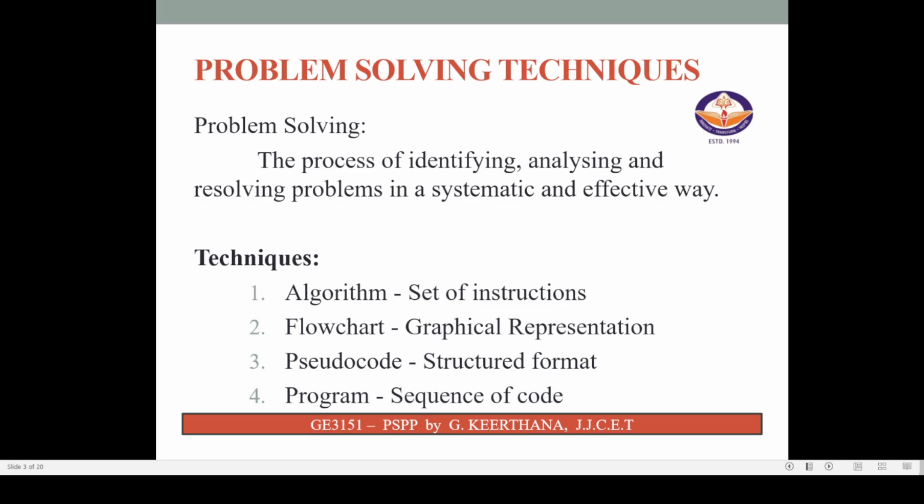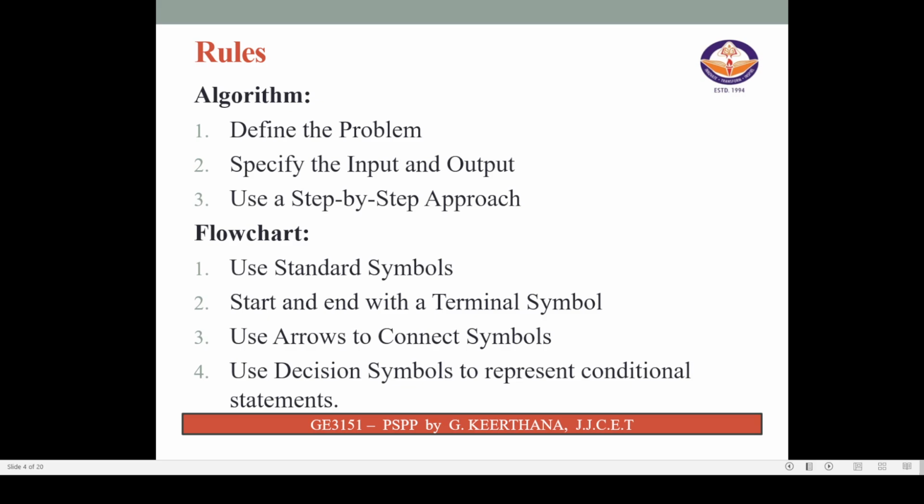It is often used as an intermediate step between the algorithm and the actual code. Program is a sequence of code written in any programming language such as Python, C, Java, etc.